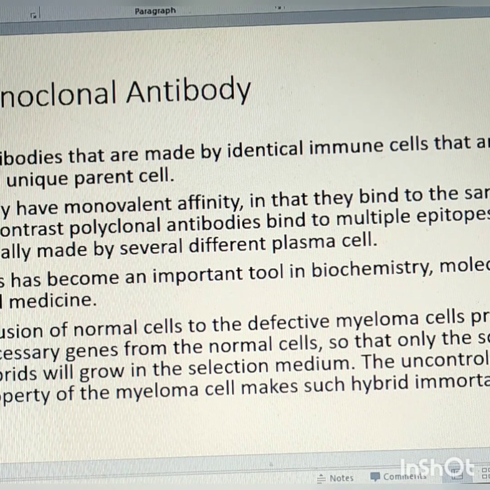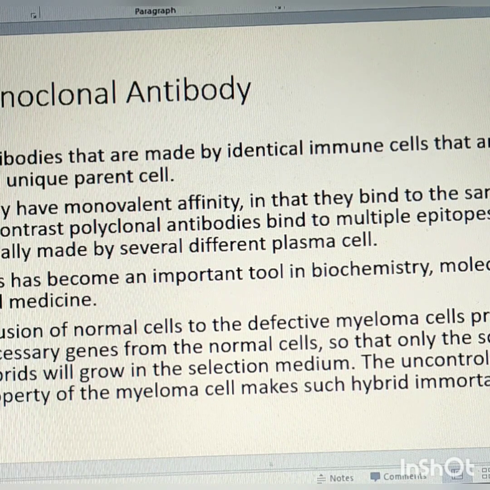B lymphocytes produce antibody of a single specificity, but a normal B lymphocyte cannot grow indefinitely. It is necessary to immortalize B cells that produce a specific antibody. This is achieved by cell fusion or somatic cell hybridization.